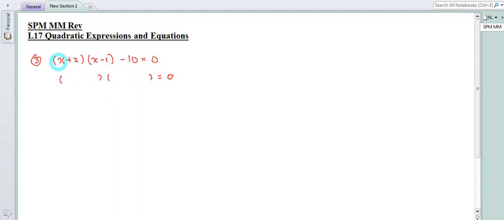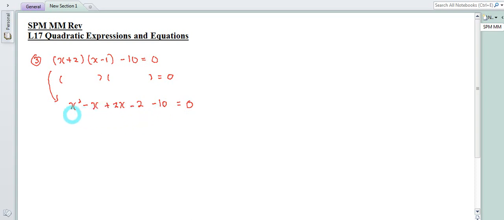Okay, so I think I just expand these two, then it will equal to x squared minus x. No problem, right? X times x, you get x squared. X times negative 1, you get negative x. 2 times x, positive 2x. 2 times negative 1, negative 2, minus 10, equal to 0.